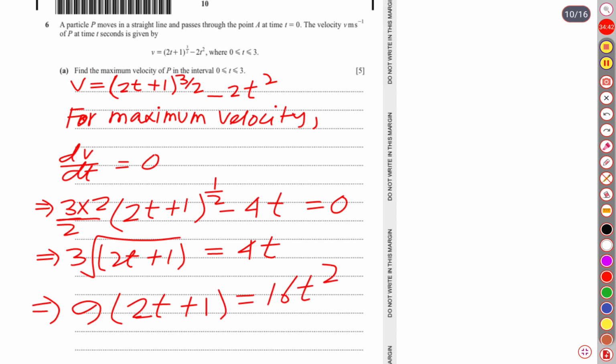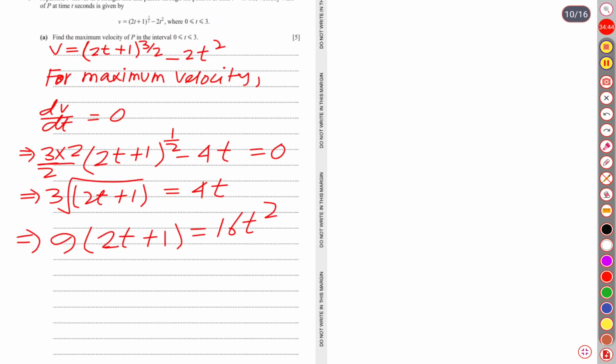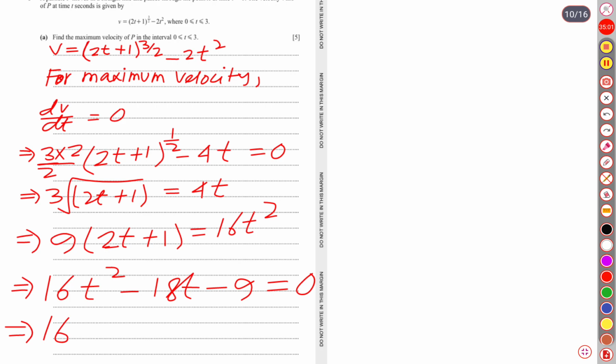So finally the expression is going to be 16t squared minus 9 2s are 18t minus 9 1s are 9 and 9 16s are 144. So 16t squared minus 18t minus 9 is equal to 0, and splitting the middle term, 16t squared minus 24t plus 6t minus 9 is equal to 0.